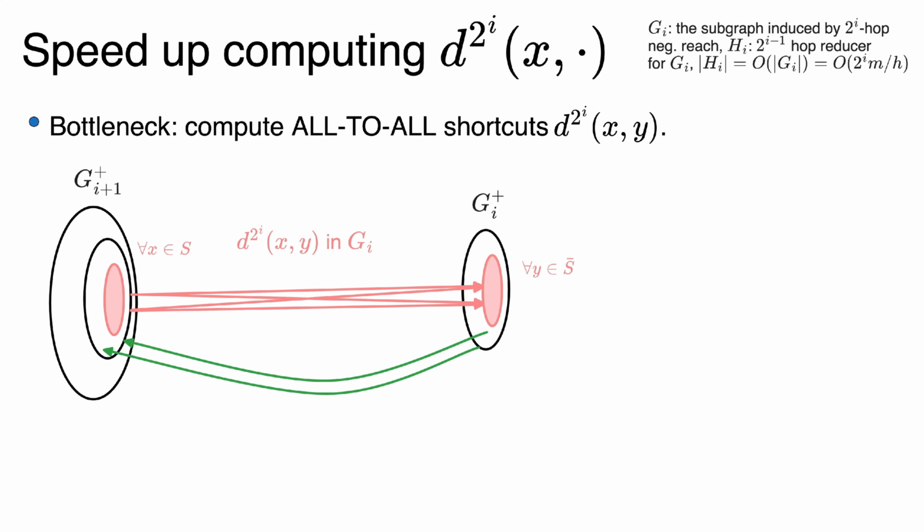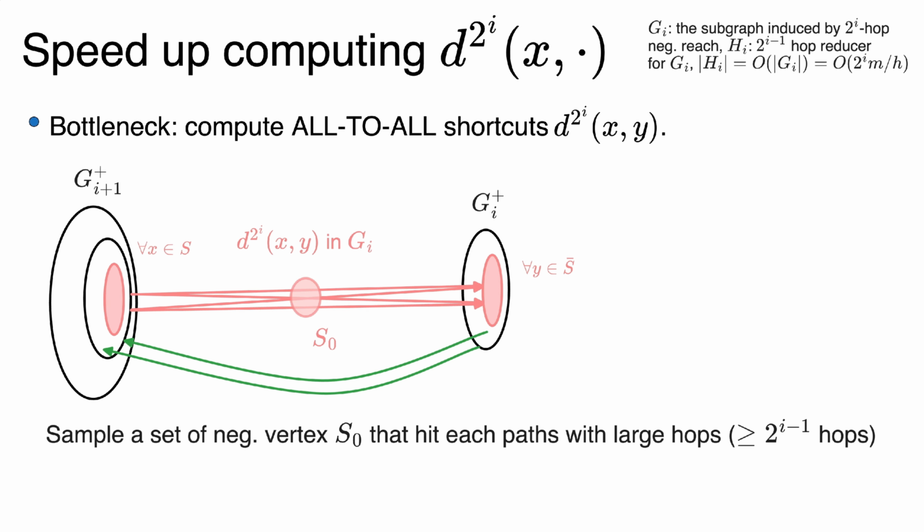The bottleneck is that we have to compute this all-to-all shortcuts between all negative vertices. This is quite expensive because you need to compute a single source shortest path from each negative vertex. So instead, we can try to sample a set of negative vertices S0 so that it can hit all these paths with a lot of negative edges.